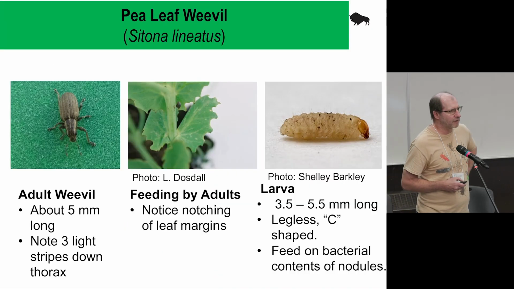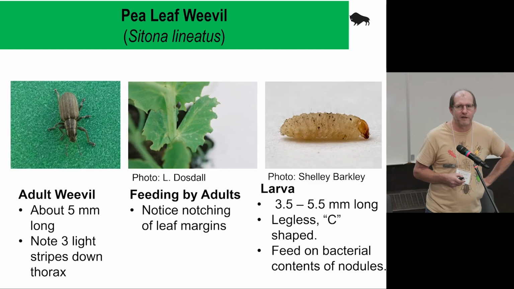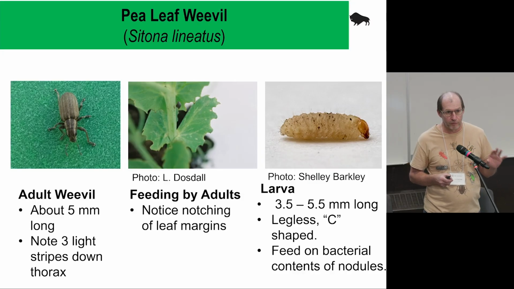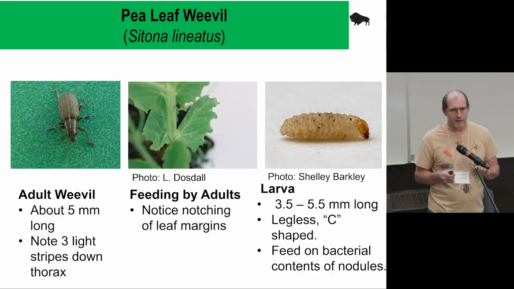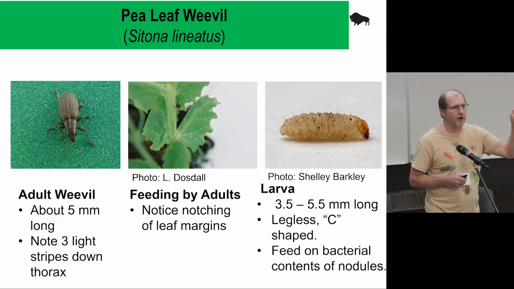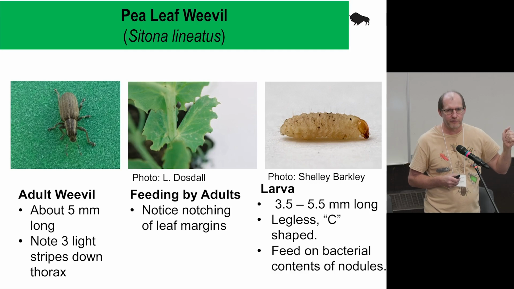So there are a couple of different ways that pea-leaf weevil will injure a plant, and it's really the larval feeding that is of concern for the most part. What you will see in the field, though, is what is evident in the middle slide here: these U-shaped notches at the edges of the seedling leaves. This is something you'd easily see in late May through June when you've got these tiny little seedling plants.